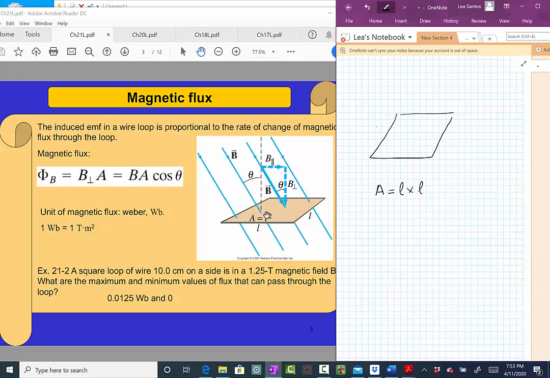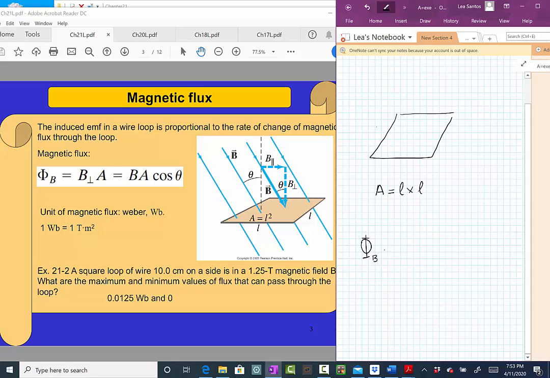The flux depends on this area. It depends also on the magnetic field, but the magnetic field that goes through this loop, through this area. So you see here in the drawing the magnetic flux going through the wire.